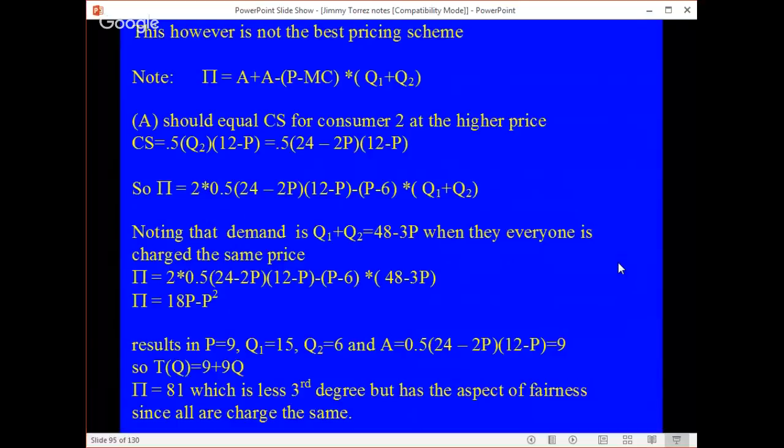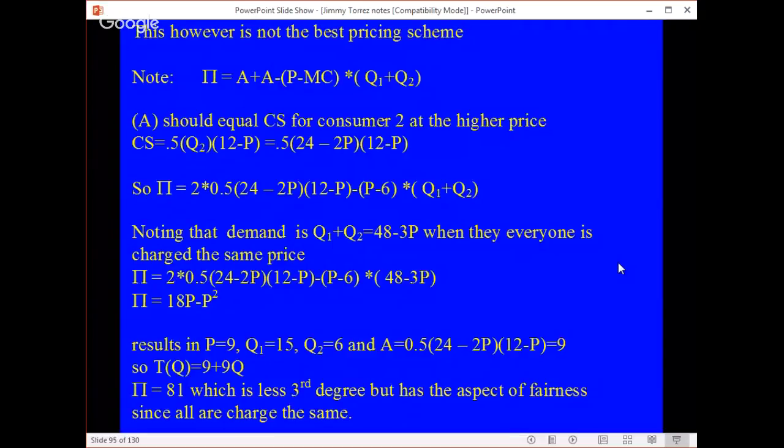So instead of charging the consumer surplus for group two, A should equal the consumer surplus for consumer two at the higher price. So my profits in this case are 2 times 0.5, 24 minus 2p, that's 12 minus p, minus 6 times Q1, Q2.